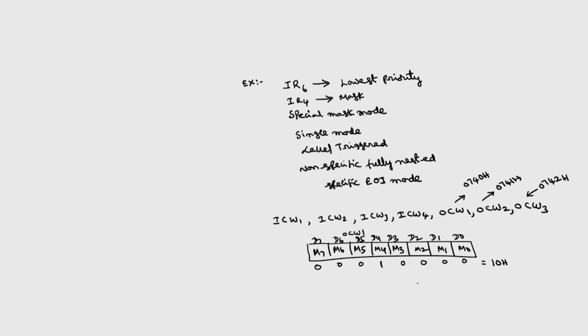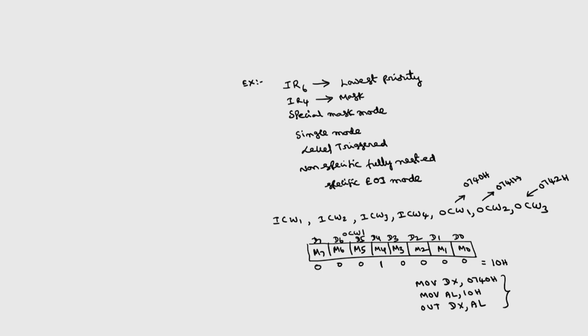Then in order to load this, we will do MOV DX, 0740H, then MOV AL, 10H, OUT DX, AL. So these are the instructions used to load this 10H onto OCW1, whose address is 16 bit. In case of a 16-bit address, you have to take it into the DX register and then specify the DX register in the OUT instruction.